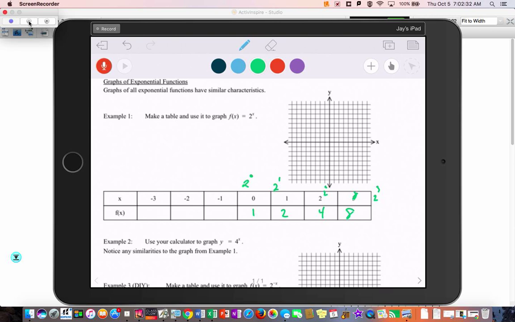Now remember, when we do negative exponents, so let's do 2 to the negative 1, what you're going to do is flip your base into its reciprocal. So the reciprocal of 2 becomes 1/2, and that allows you to change the exponent to a positive number. So now you have 1/2.